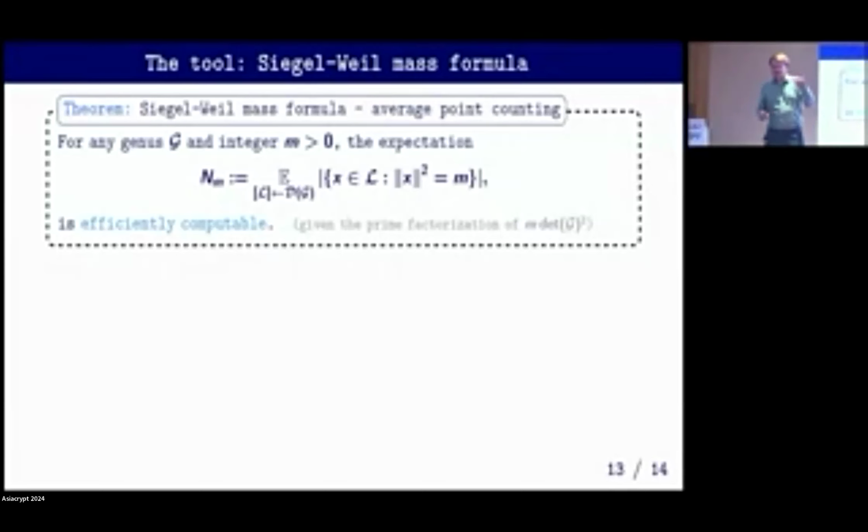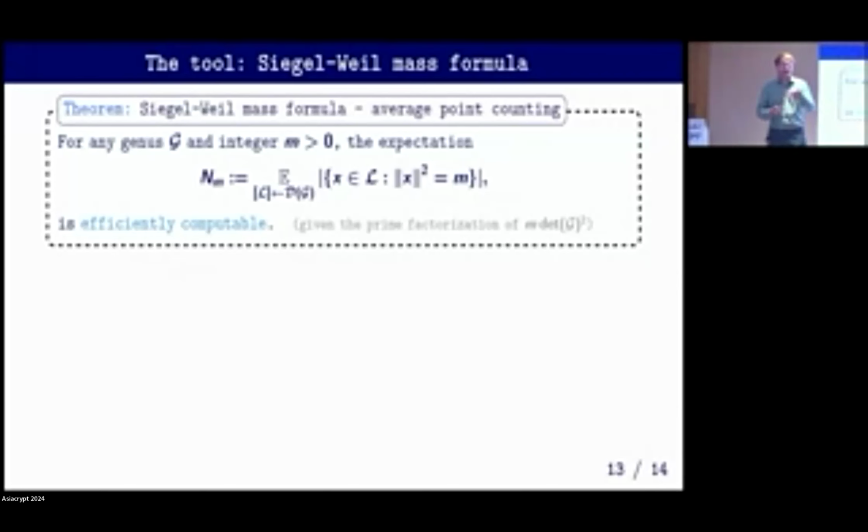And this is precisely where the Siegel-Weil mass formula, again a very old result from the 30s, 40s, comes into play. This mass formula says that if we take some squared norm m, and we look at all lattice points that have this squared norm and count them, then the average over the genus is something that is efficiently computable.